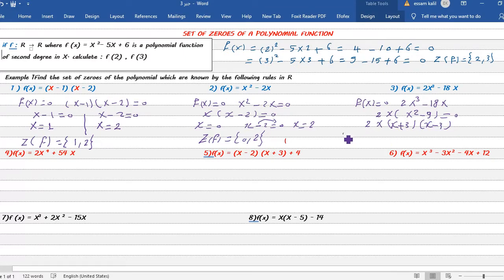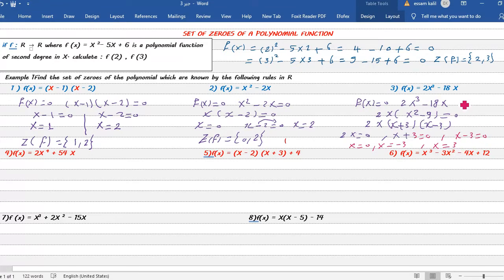يبقى then 2x equal 0 and x plus 3 equal 0 and x minus 3 equal 0. يبقى then ال x equal 0, move positive 3 another side يبقى become negative 3, move negative 3 another side يبقى become x equal 3.